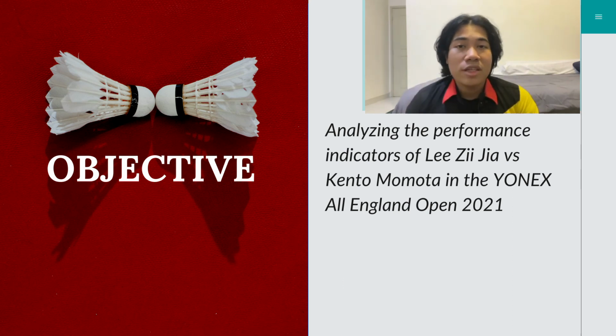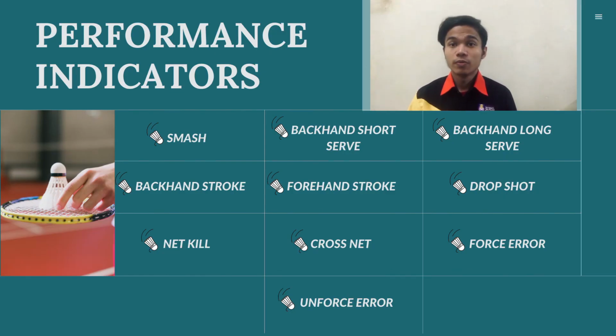And the backhand is divided into backhand long serve and backhand short serve. So these are the performance indicators involved in badminton analysis. There are 10 performance indicators such as smash, backhand short serve, backhand long serve, backhand stroke, forehand stroke, drop shot, net kill, cross net, forced error, and unforced error.